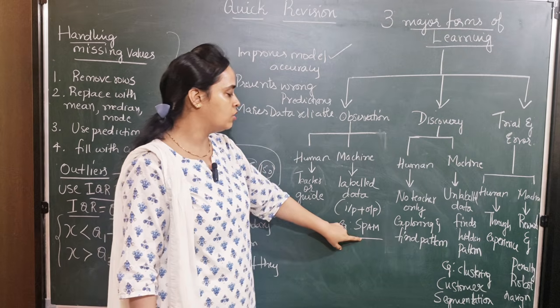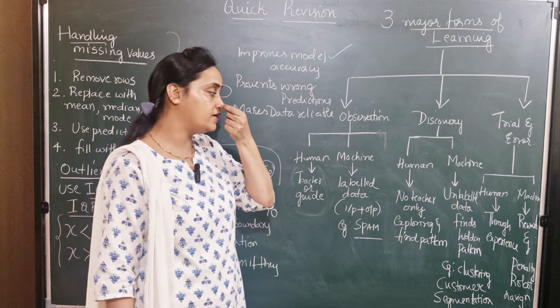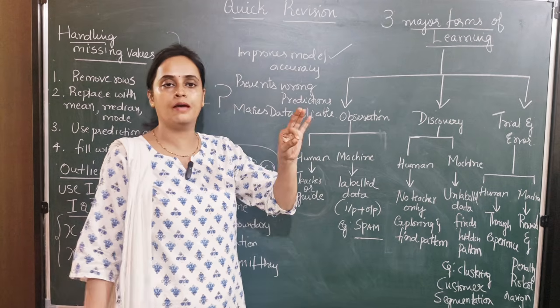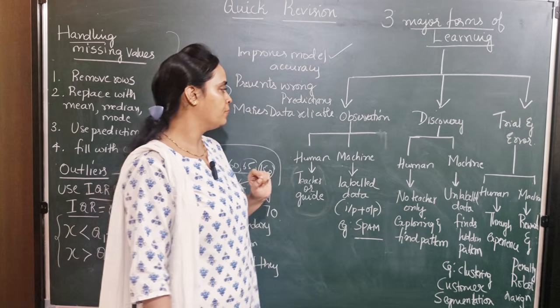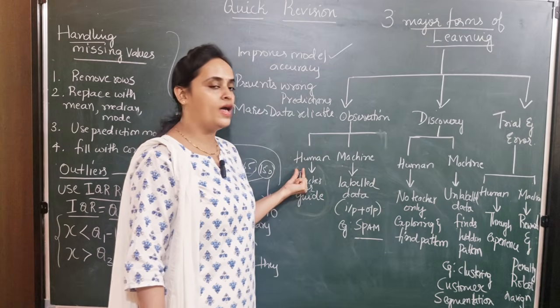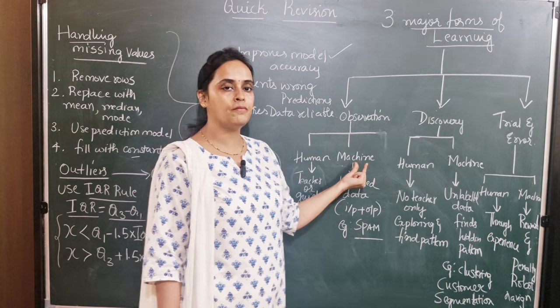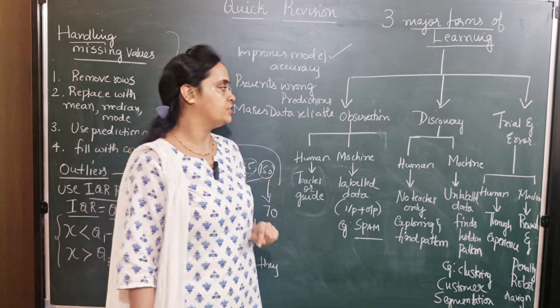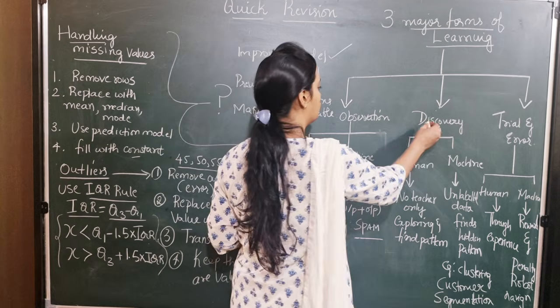This is happening because of prior labeled data, which has a clear label of input and output. So this is how human and machine learn through observation.